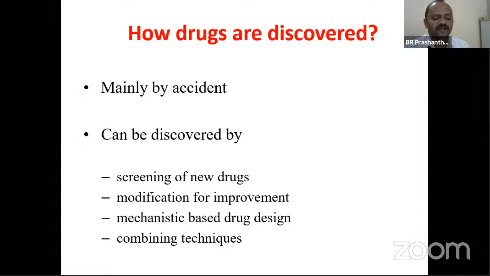In the pharmaceutical industry scenario, we do high throughput screening, in the sense that a large number of compounds can be screened.